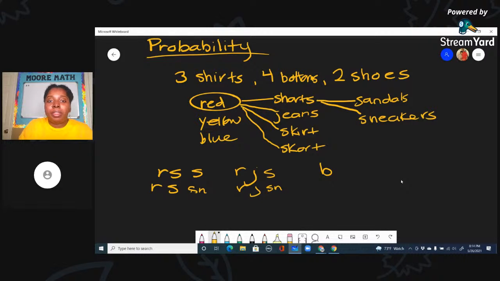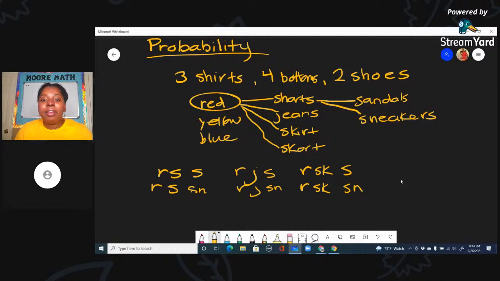So let's keep going with the red. Red shorts, sandals, red shorts, sneakers, red jeans, sandals, red jeans, sneakers. Okay. Now red. What's next in our bottoms list after jeans? Skirt. And then what shoes? Sandals. Okay. And red skirt, sneakers.